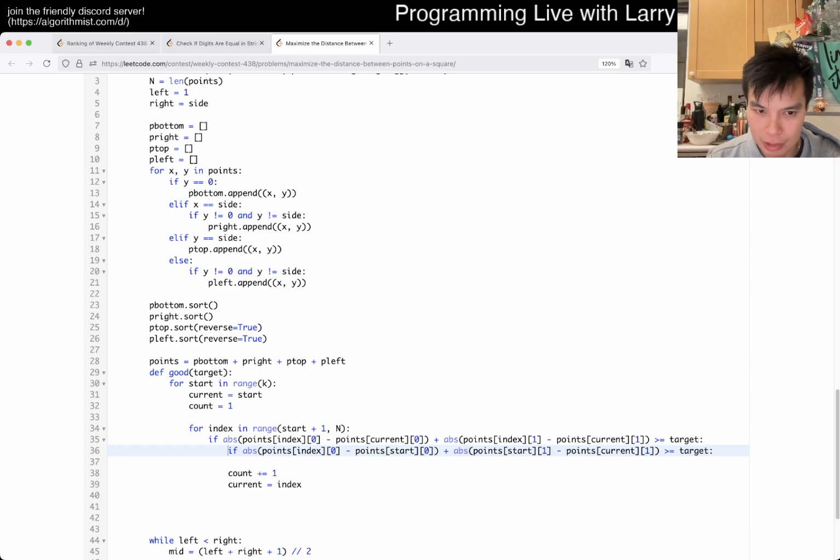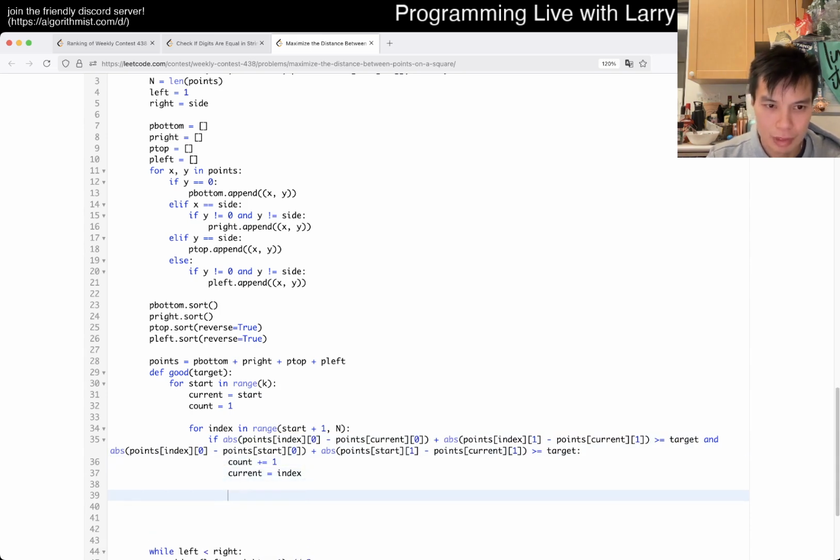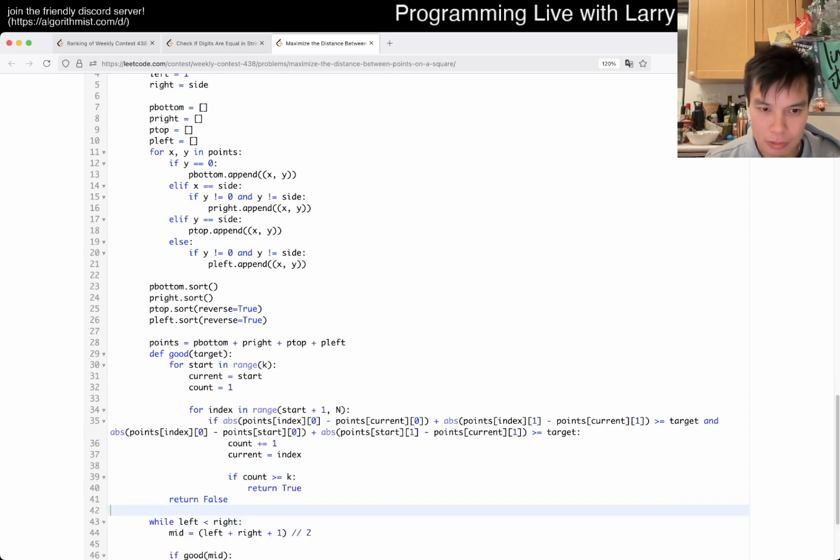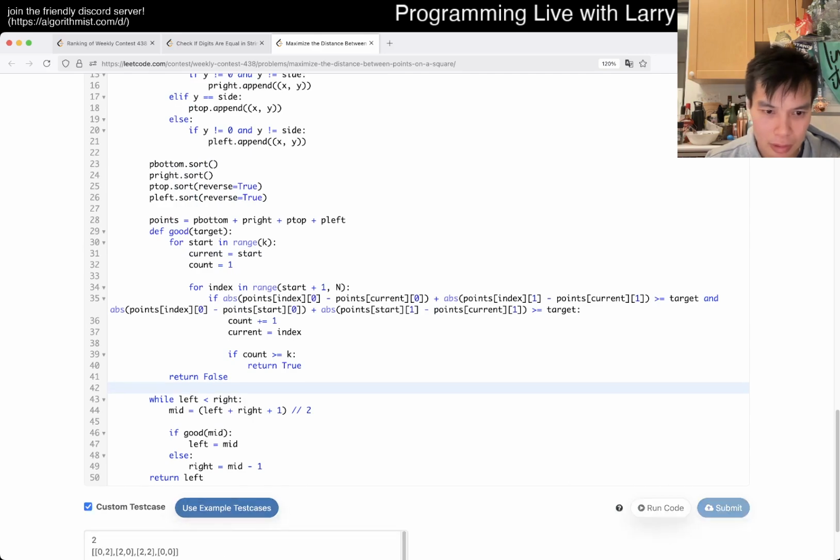I guess this is just an AND statement, really. If count is greater than or equal to k, then we return true. So that's the early termination. Otherwise, we return false. And I think we may be okay. I don't know.